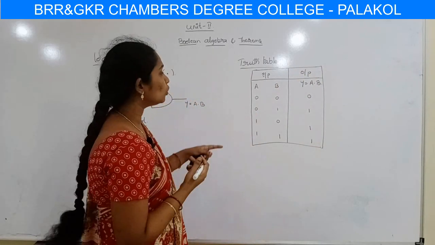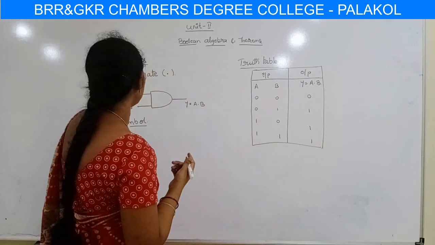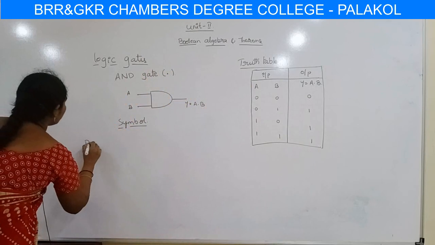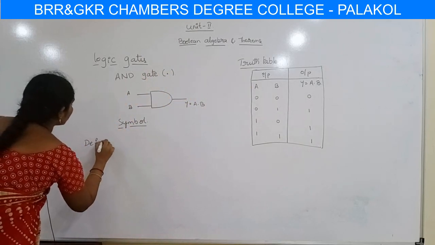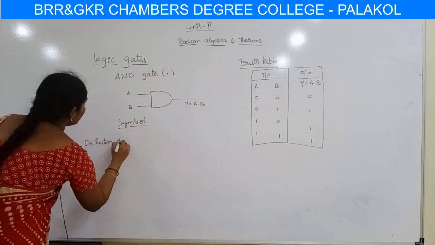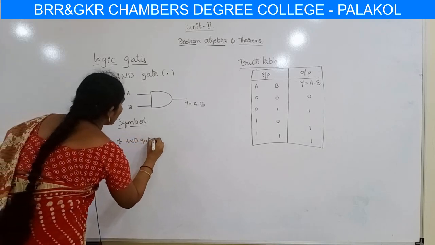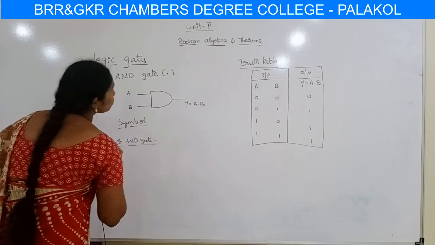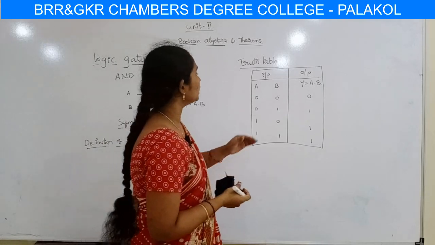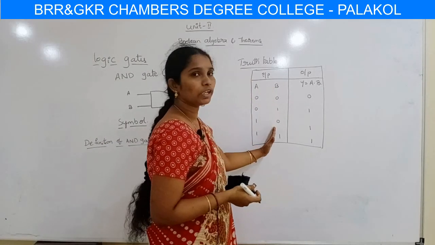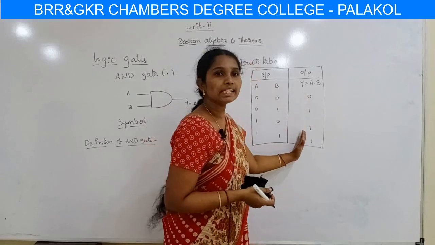Now we will move to the definition of this AND gate. So observe this truth table. When one of the inputs is 0, the output is 0.